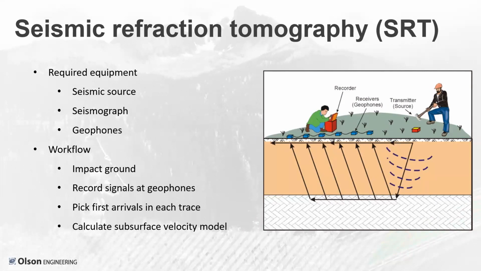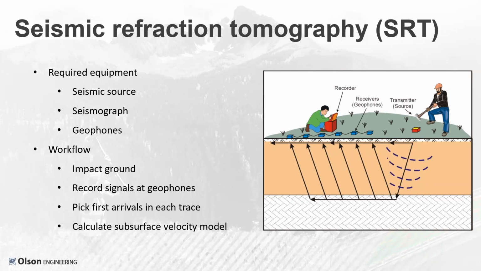That's what the picture is of the person on the right with a sledgehammer hitting a metal plate. That triggers the seismograph to start recording. And then we have an array of geophones that are connected to the seismograph. And as the seismic energy interacts with boundaries in the subsurface, where there is a velocity change, energy is returned to the surface, and we measure that.